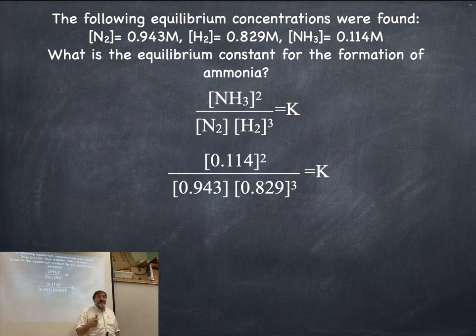Then you go through and do the math. K is a dimensionless ratio. It doesn't have units. They cancel out for all intents and purposes. There are no units for K. It's a ratio. Most ratios don't have units because they cancel out, like when we talked about the mole fraction. No units.